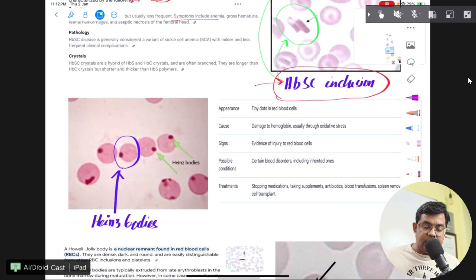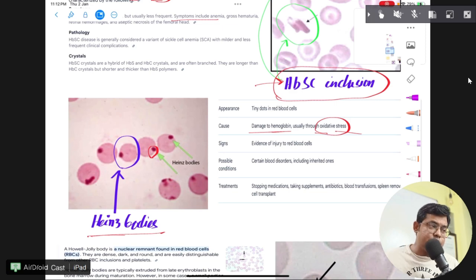Now coming to the next inclusion, that is Heinz bodies. These are tiny dot-like structures within the red cells. These are the structures which are formed due to damage to hemoglobin, usually from oxidative stress.